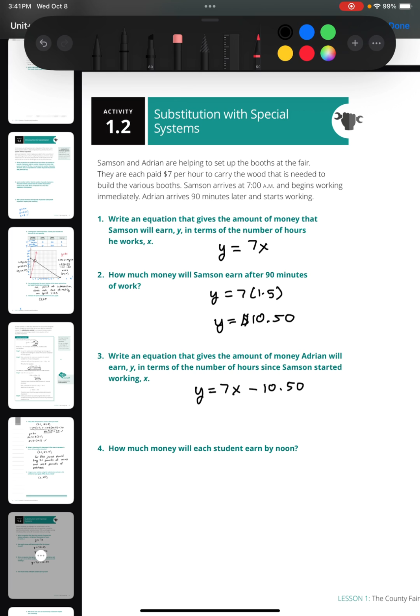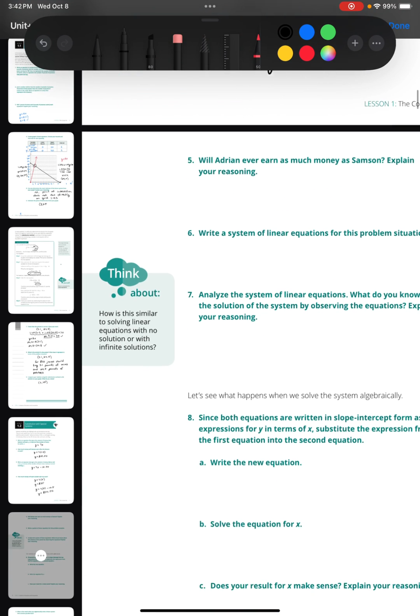So 4, how much money will each student earn by noon? Well, if they started at 7, noon is 5 hours away. So Samson, 7 times 5, he will have made $35. And then Adrian, 7 times 5 minus 10.5. At noon, he will have made $24.50. So he'll be $10.50 behind Samson.